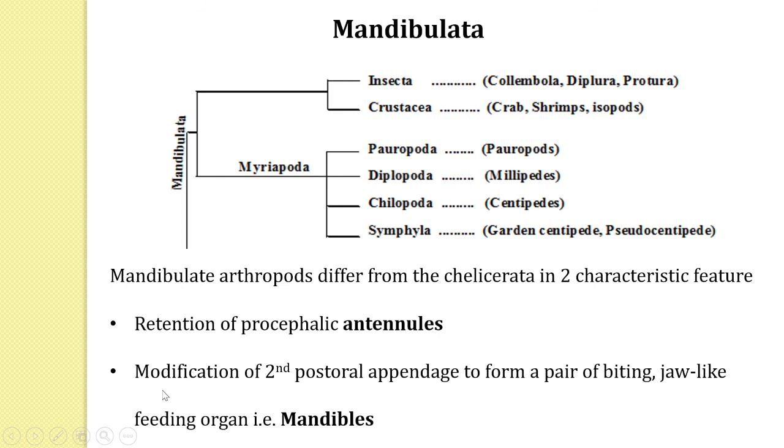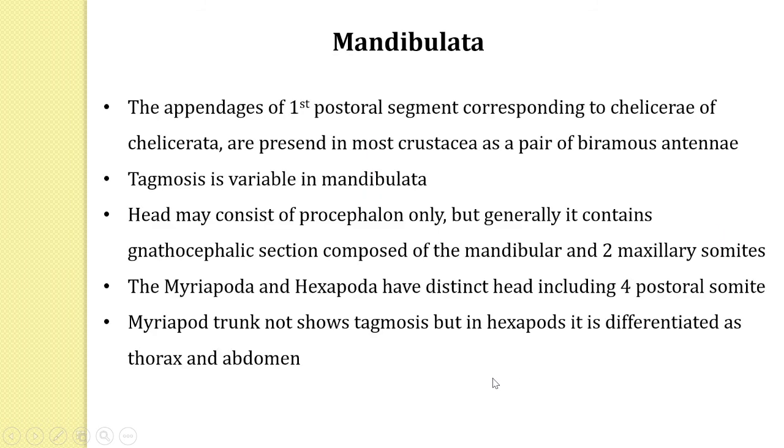And the second character is the modification of the second post-oral appendage to form a pair of biting or jaw-like feeding organs, and this jaw-like feeding organ is known as the mandible. The presence of mandibles and the presence of antennules are the most important characteristic features of the group known as the Mandibulata.